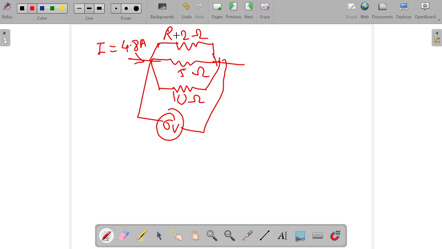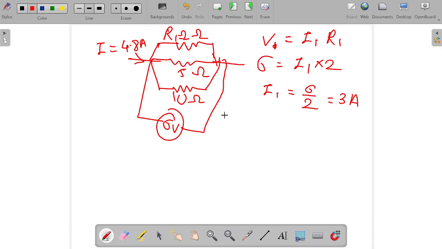So the potential difference is always the same. Let us assume that V equals I1 R1. We have to find I1, and R1 we already know is 2. So the value of I1 will be 6 by 2, which is equal to 3 ampere. This is the current passing through the 2 ohm resistor.